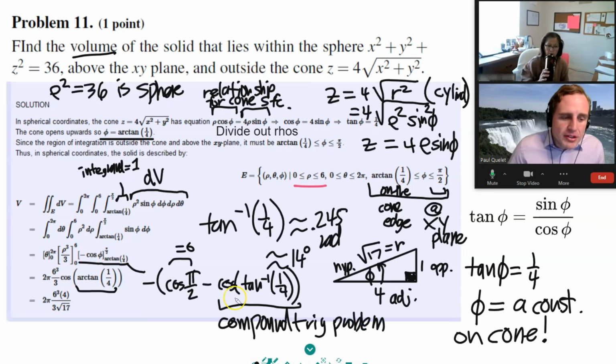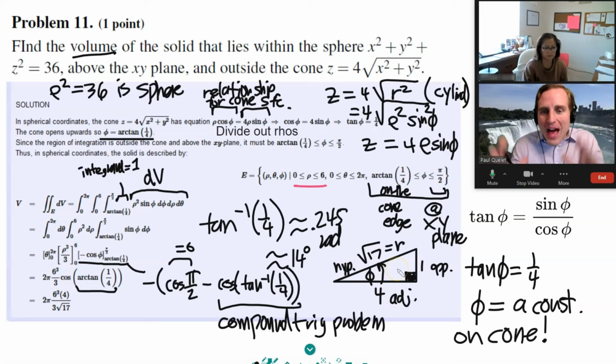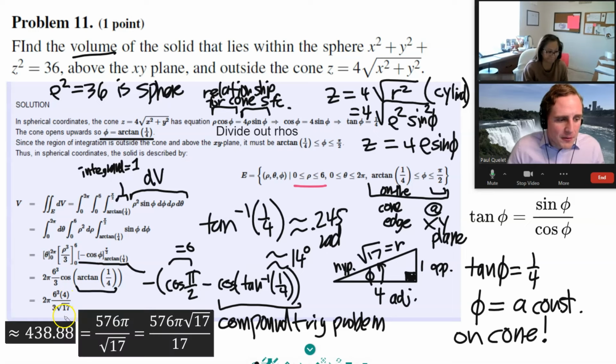So when you're doing cosine of an inverse tangent, you label the triangle sides in terms of the inverse tangent, find the hypotenuse, and then find the cosine of that triangle. Does that make sense? So that's why you get 4 over square root of 17 here.